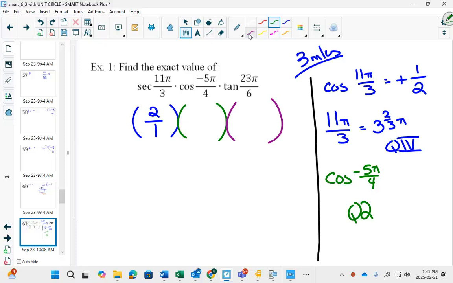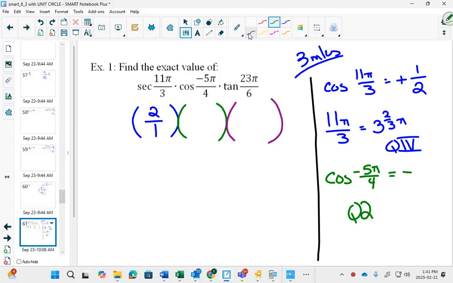Because if you went 3 quadrants in the negative direction, that would be like 2 quadrants in the positive direction. Does that make sense? First of all, I see 5 pi over 4. I look on my pi plate and I recognize 5 pi over 4 is an angle in quadrant 3. But I'm doing -5 pi over 4, so I have to go in the negative direction. If I go 3 quadrants in the negative direction, it's going to end in quadrant 2.